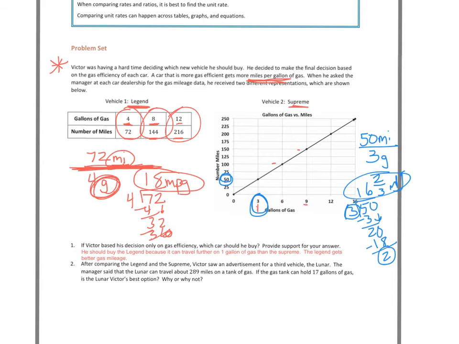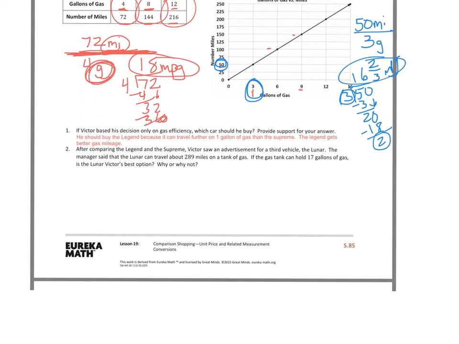Now for 2, it says, after comparing the Legend and Supreme, Victor saw an advertisement for a third vehicle, the Lunar. The manager said that the Lunar can travel about 289 miles on a tank of gas. If the gas tank can hold 17 gallons of gas, is the Lunar Victor's best option?